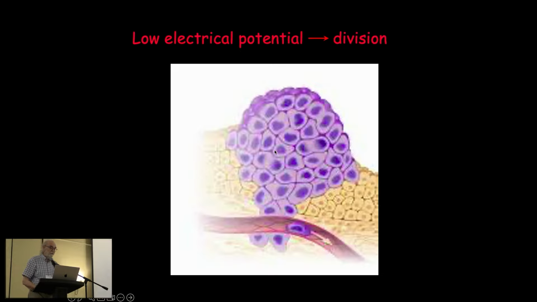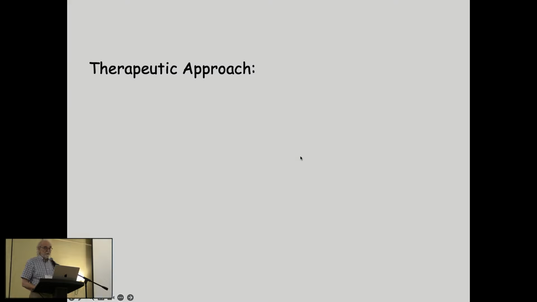And therefore, the logic follows from that. The reason they have low electrical potential is the amount of easy water in the cells is minimal. You need to build up the electrical potential, and the buildup of electrical potential should reverse the division of cancer cells.